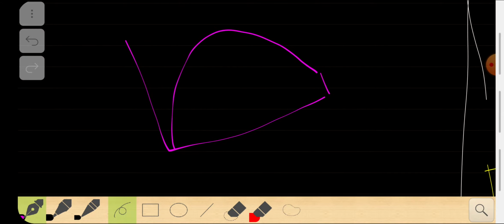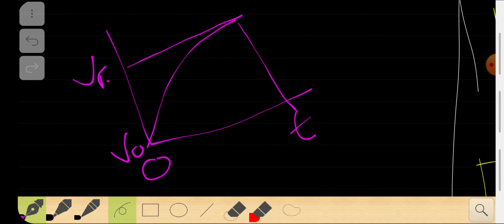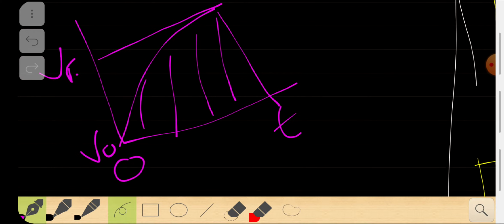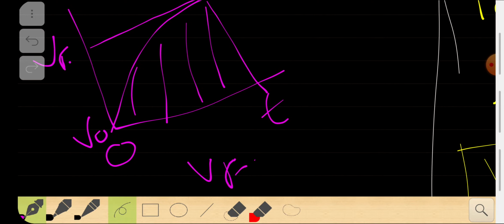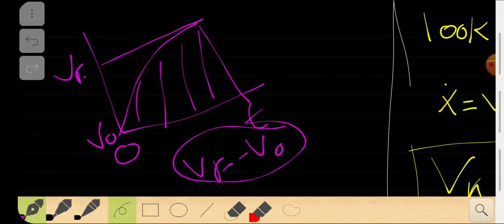Let's redraw it. If you have a plot like this, this will be at time t, this will be at time 0, this will be the final velocity v final, and this will be the initial velocity v0. Then the area, which will be the integral of this thing, will be equal to v final minus v0, right?